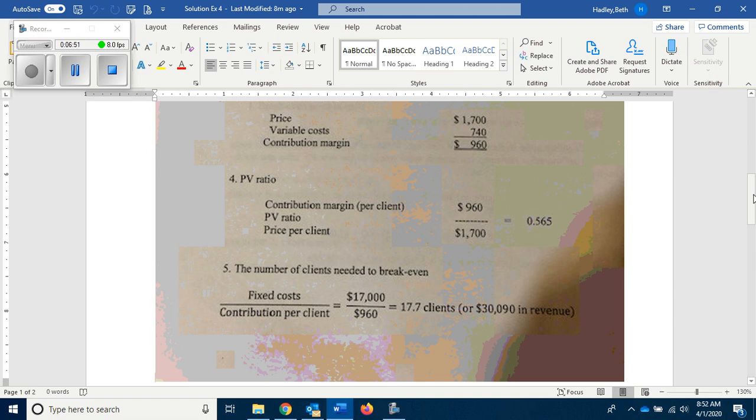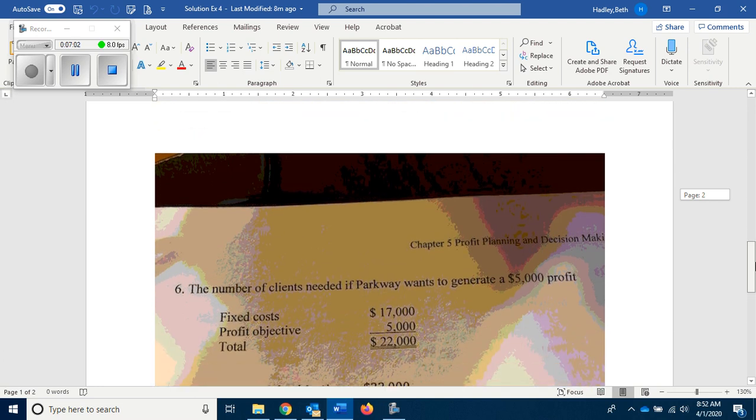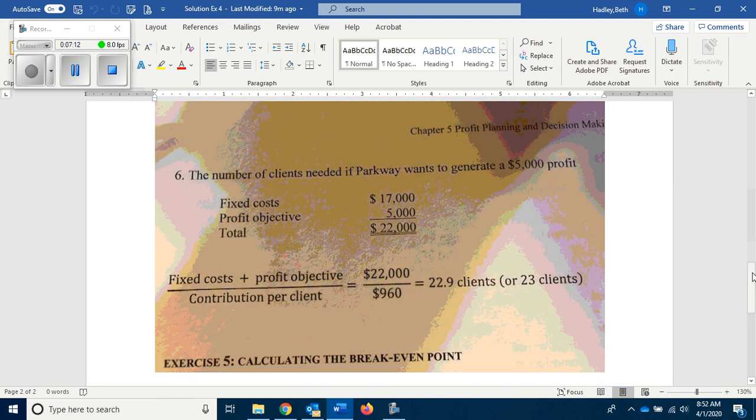So the formula would be fixed costs plus profit divided by the contribution per client.